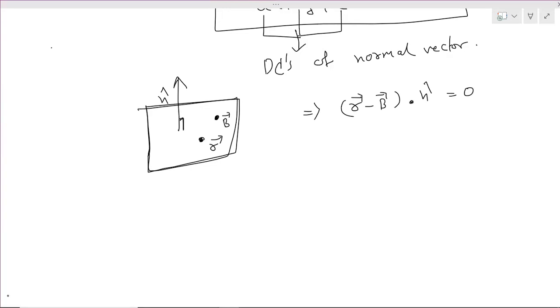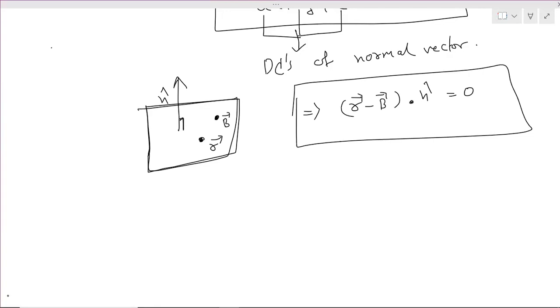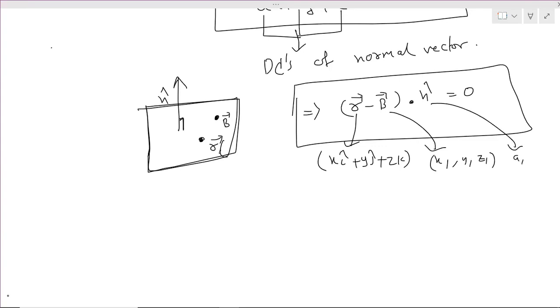So this is in vector form. You do not have to even simplify. If you change that into Cartesian form, what we do? Replace the values with coordinates. Position vector of R, I can say this is xi plus yj plus zk, just as in line. And B vector, I can say this is x1, y1, z1, and n is a, b, c direction ratios.